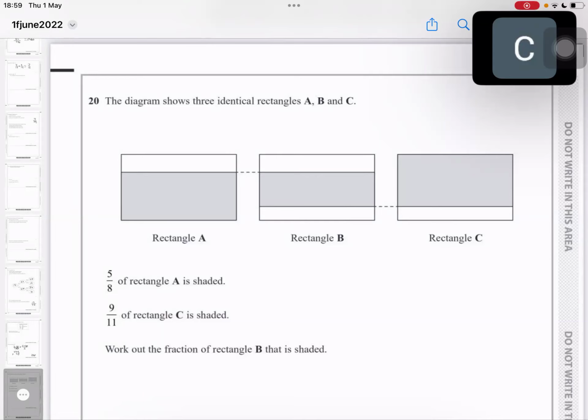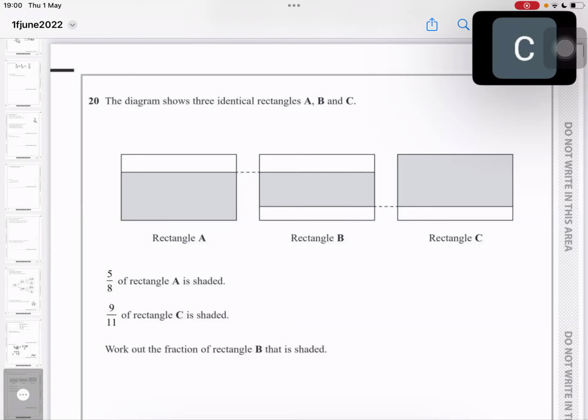That's what's going to tell me what's not shaded for B. Did you get that? Yes. Okay. So I'm going to say 3 over 8 plus 2 over 11. That's the fraction that's not shaded for B.